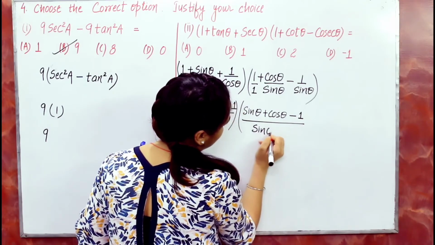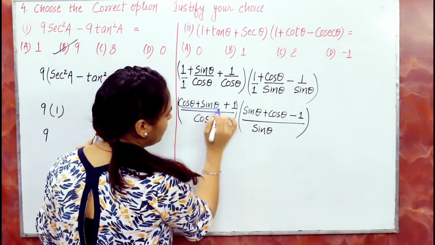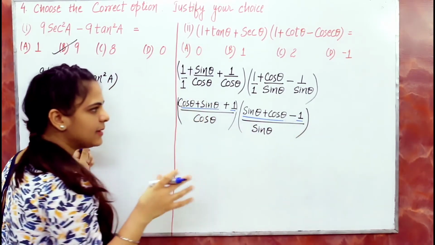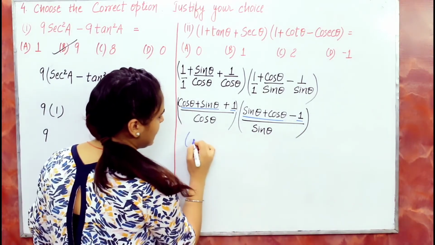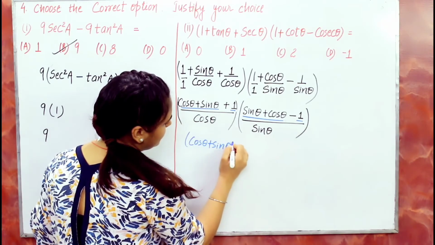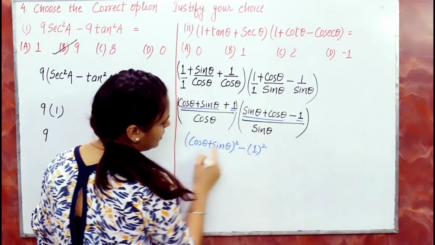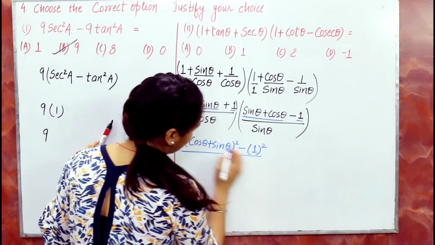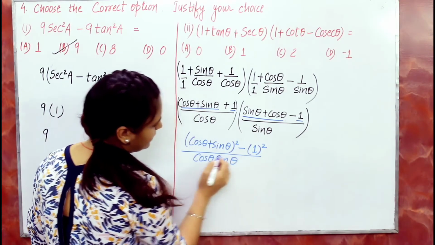To see this, it's in the form of a plus b and a minus b, whereas (a plus b)(a minus b) is equal to a square minus b square. A is equal to cos theta plus sin theta and b is 1, so it's (cos theta plus sin theta) whole square minus 1 square upon cos theta multiplied by sin theta.